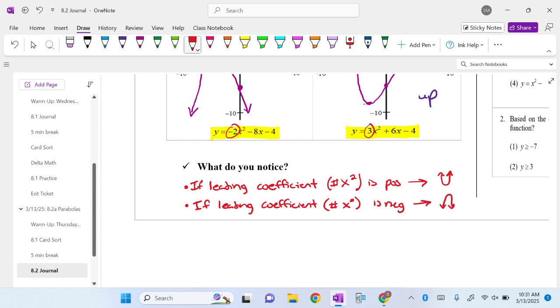That's actually what makes our graph open either upwards or downwards. That A value, it all depends on that A value.